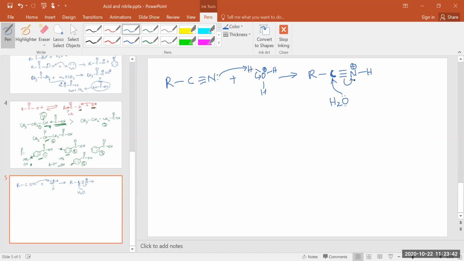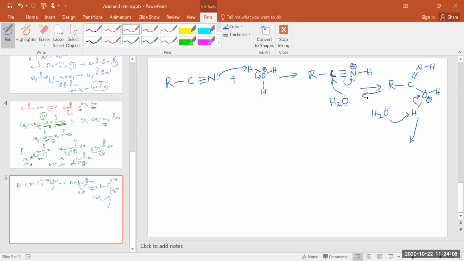So this will react quickly here. So this will form... this will be deprotonated again, whenever oxygen plus such type of species forms, it gets deprotonated.